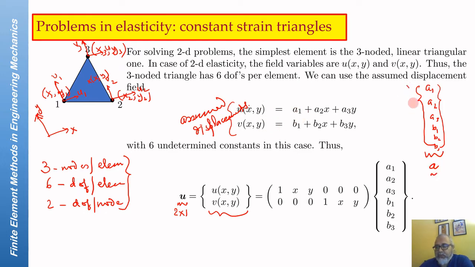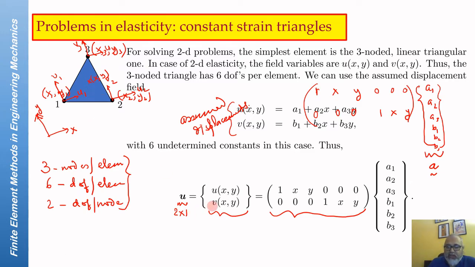The first equation has only a1, a2, a3, so this would be 1, x and y, and the other ones would be 0. Similarly, the second equation has only b1, b2, b3, so the first three will be 0, and this will be 1, x, y. So this is the matrix that connects the 6 undetermined constants to the displacement at an arbitrary point inside the element.